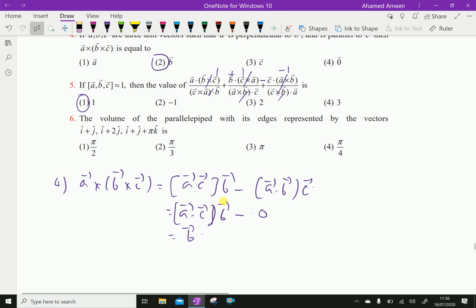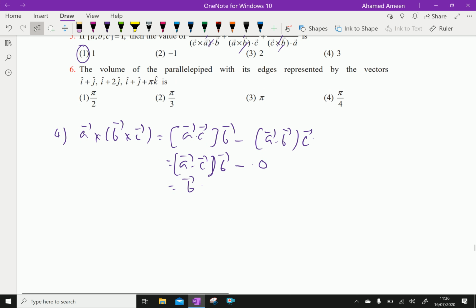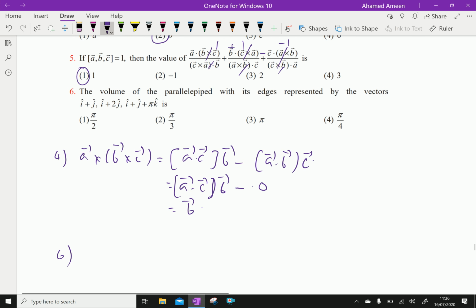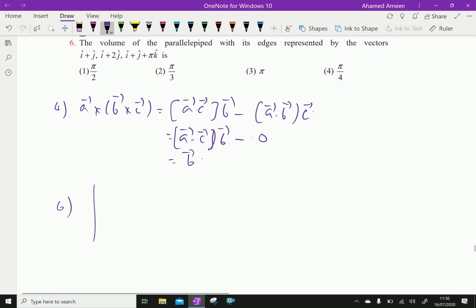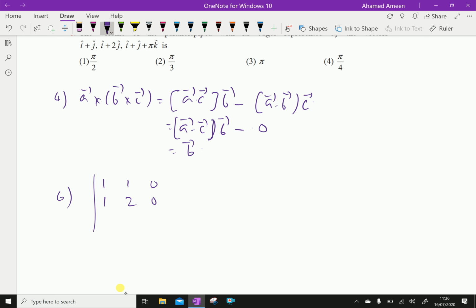Here question number 6. The volume of the parallelepiped whose edges are represented by the vectors i plus j, j plus 2k, i plus j plus pi k. Here the volume is the determinant with rows 1 1 0, 0 1 2, and 1 1 pi. We'll expand this.